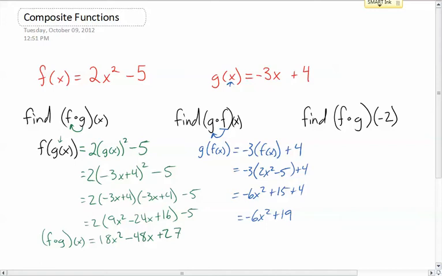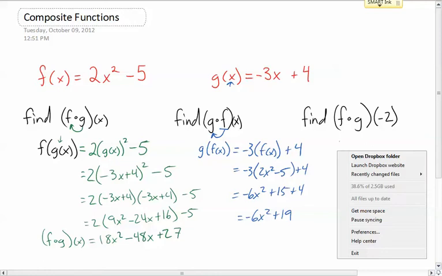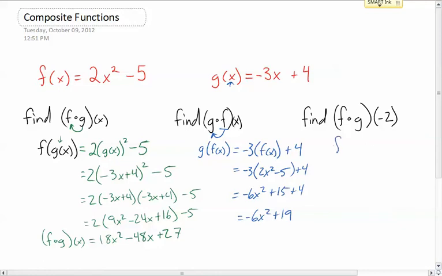Now, the last question says find f of g of negative 2. That's saying first do f of g, so put g into f, and then figure out what happens when I put negative 2 in for x. Now there's another way to look at this. The way that you learned how to do this before, hopefully in Algebra 2, was f of g, but instead of x, we've got a negative 2 there.